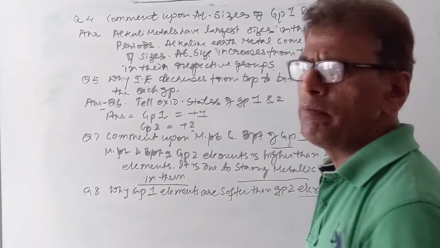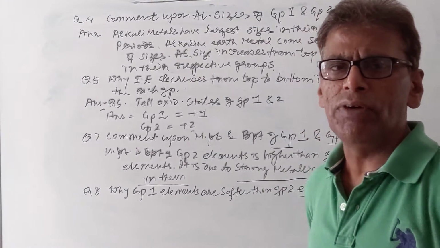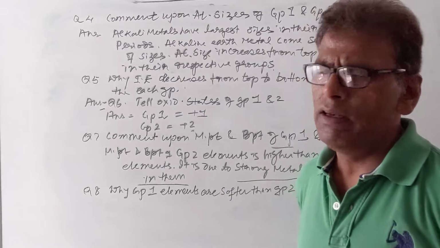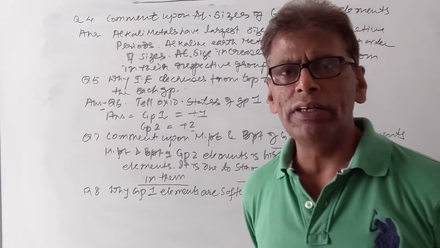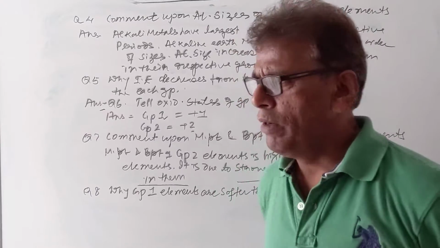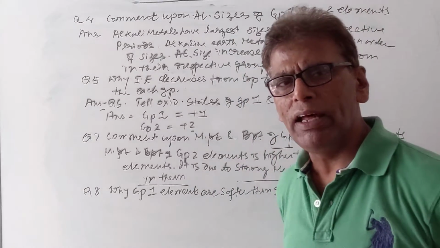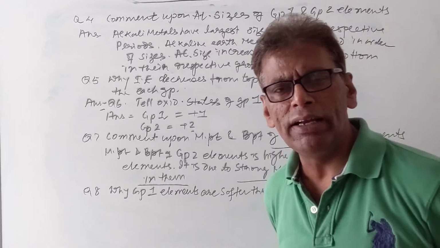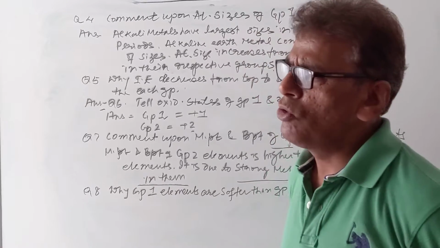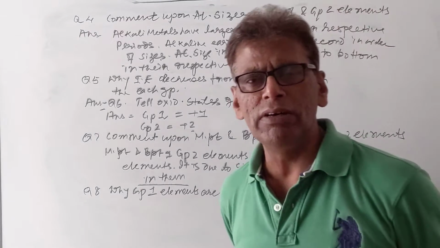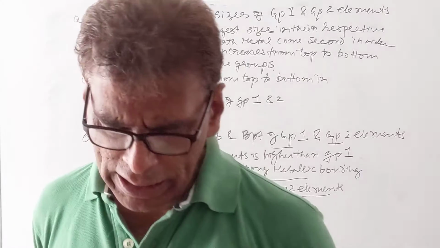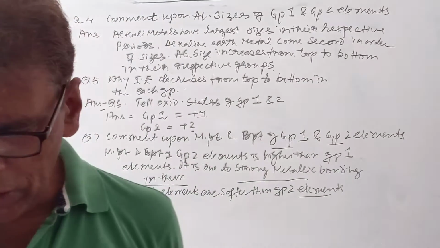Group 2 elements possess strong metallic bonding, that's why they are a bit harder as compared to alkali metals. Alkali metals have only one valence electron in their valence shell, which gives weak metallic bonding. That's why they are soft and have low melting and boiling points. They are so soft that they can even be cut with a knife. So alkali metal luster is weak as compared to alkaline earth metals.